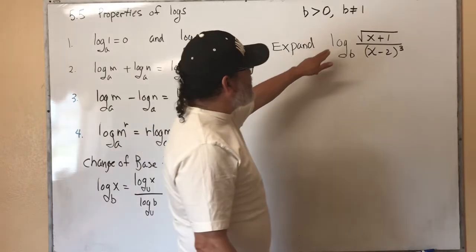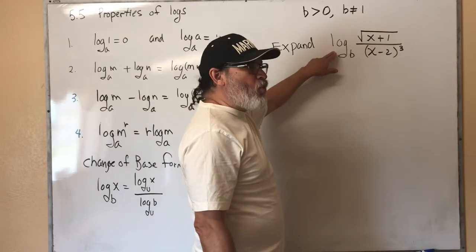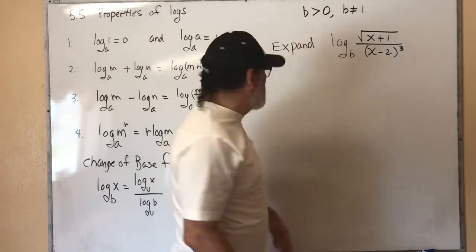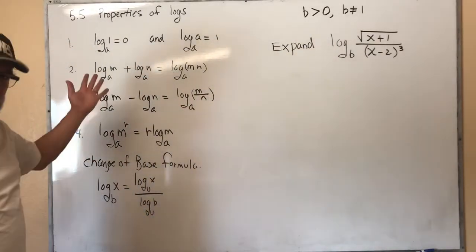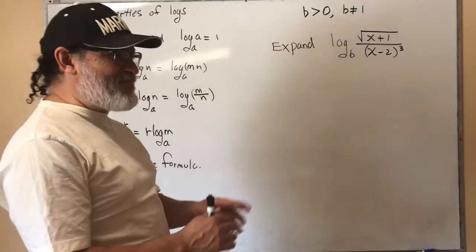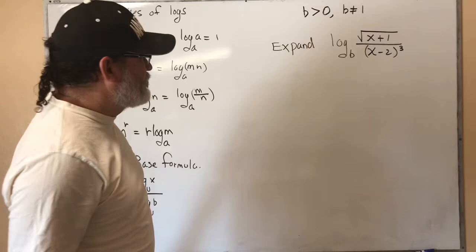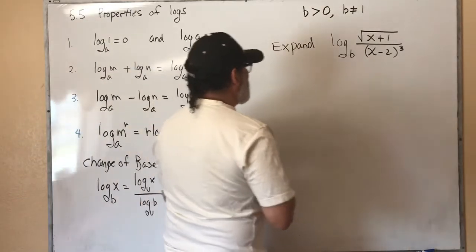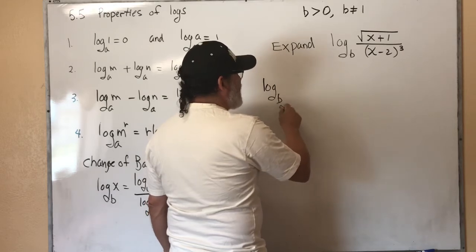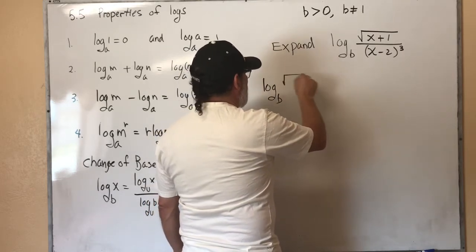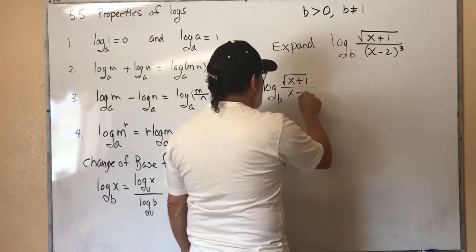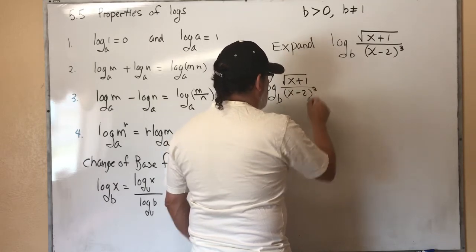This is a single logarithm. We are going to make it into many logarithms. How? Using the properties. All right, let's start. Log base b of the square root of x plus 1 divided by x minus 2 to the third.